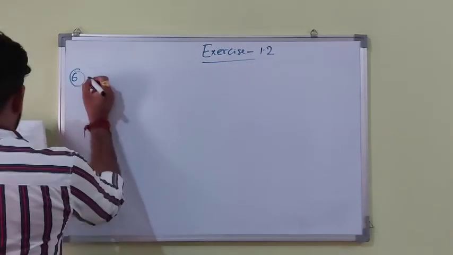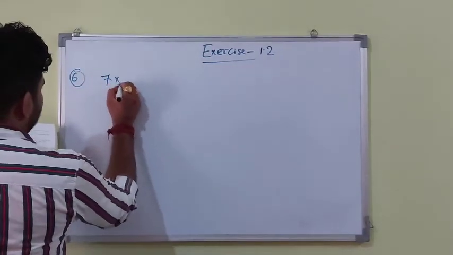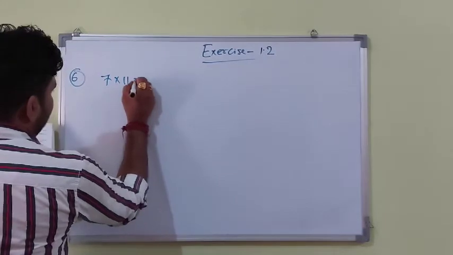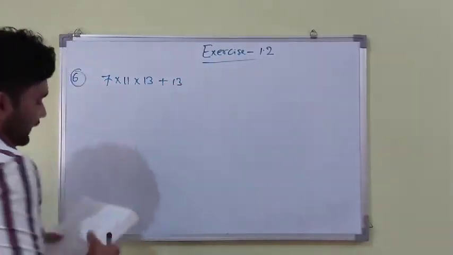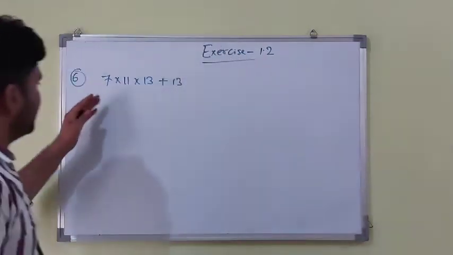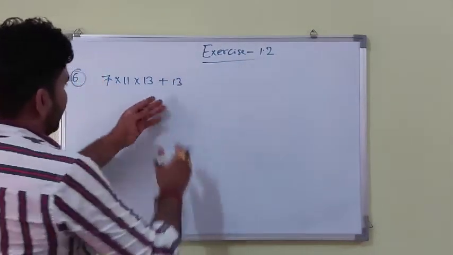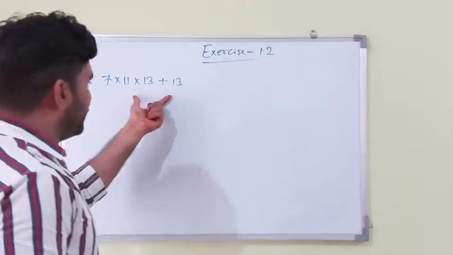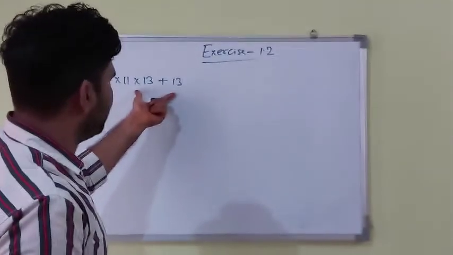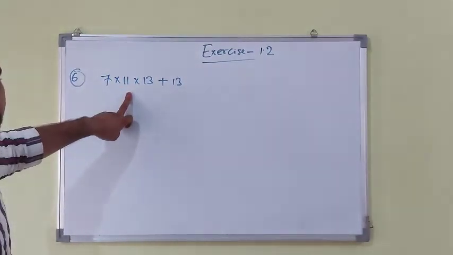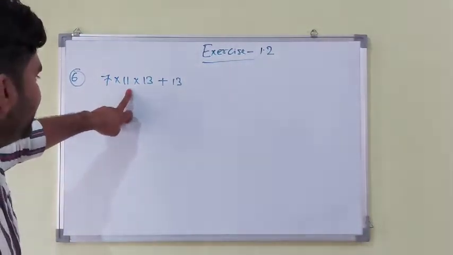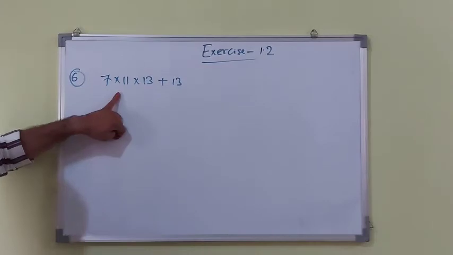Question number 6: 7 into 11 into 13 plus 13. Let's say this number, when we solve it all, we get one number. The question asks whether this number is a composite number or not. If it is a composite number, that means it has more than two factors.